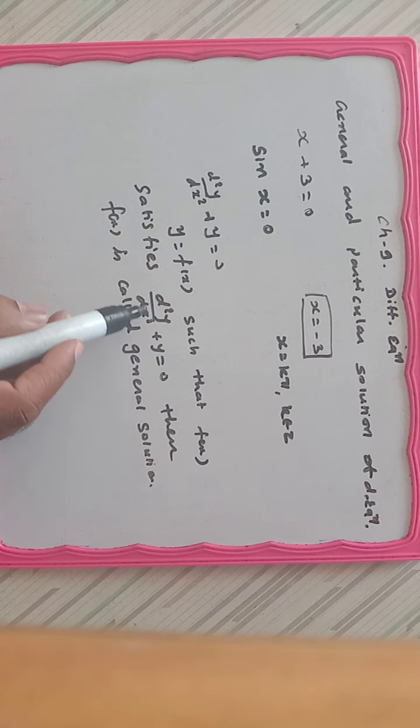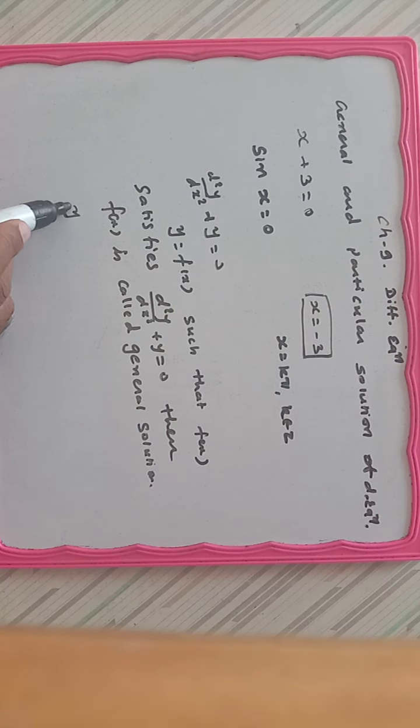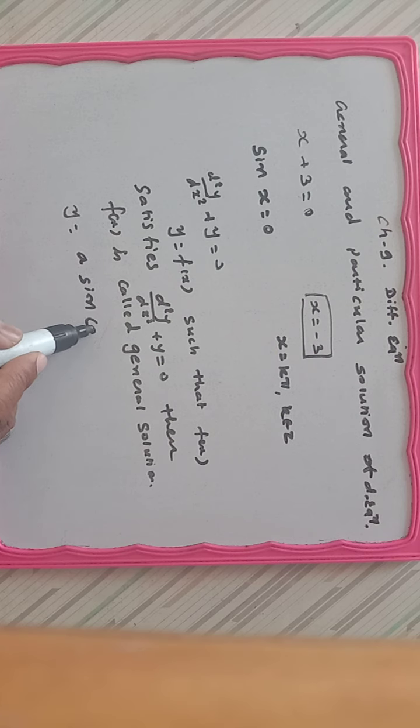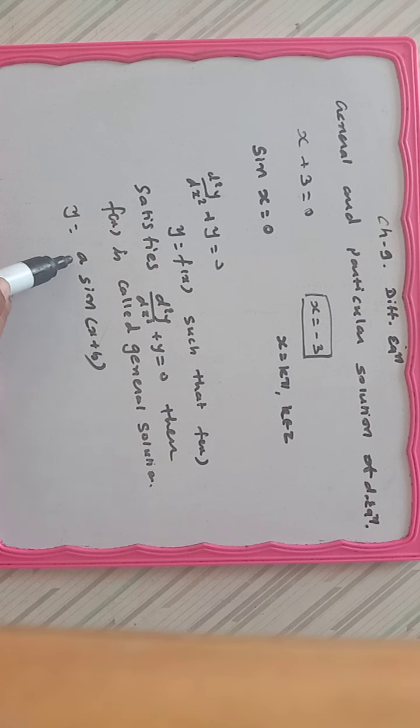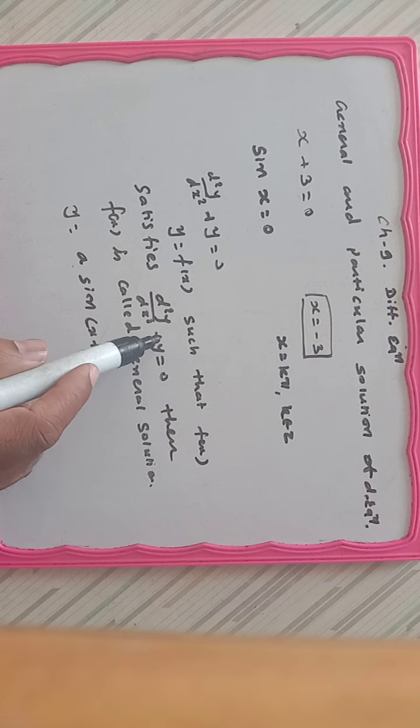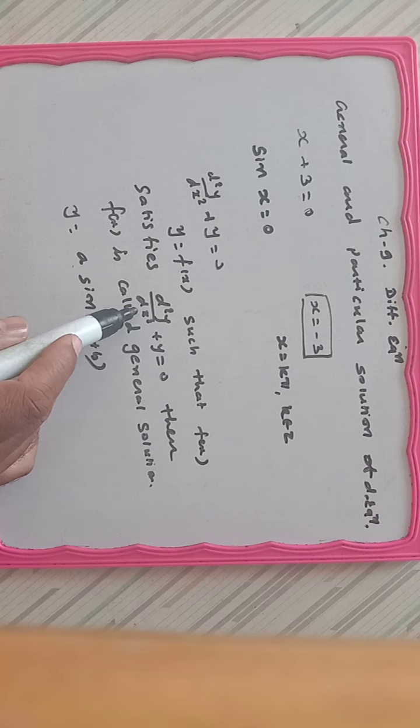For example, for this equation we take y equals a sin x plus b. We solve this equation, and we get d square y by dx square plus y equals 0. So we can say that a sin x plus b is the general solution of d square y by dx square plus y equals 0.